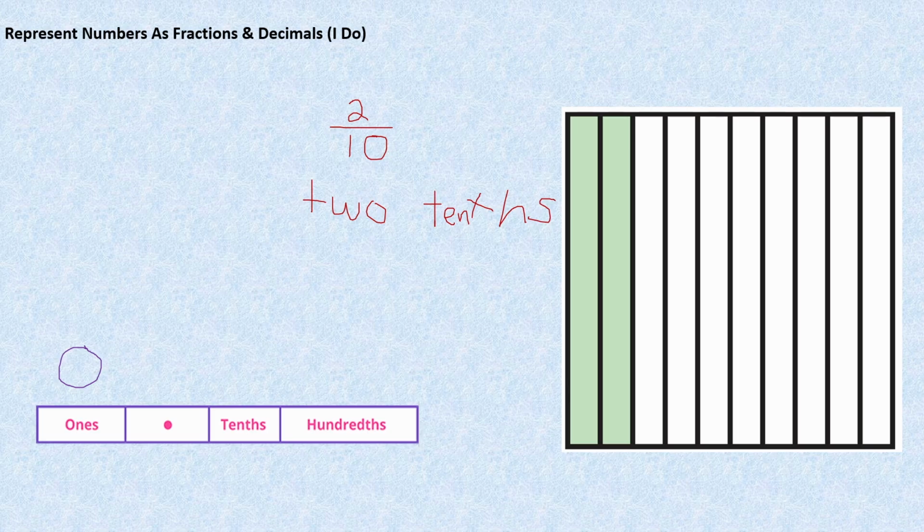So we have 0 ones, then we have our decimal, and then we had how many tenths? We had 2/10. So we're going to go ahead and write a 2 in the tenths place. All right, so 2/10, the fraction right here, is equivalent to the decimal of 0.2 or 0 and 2/10.